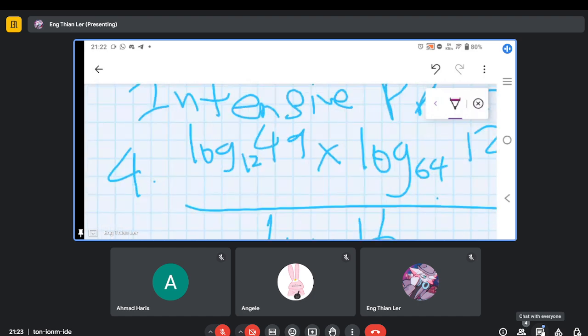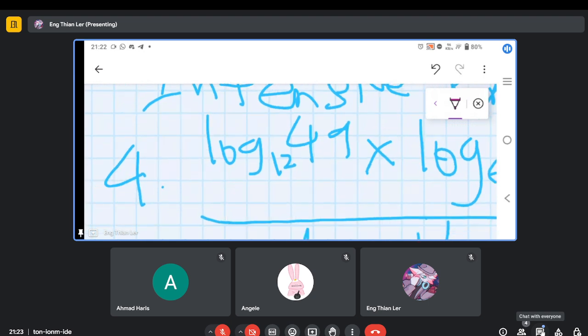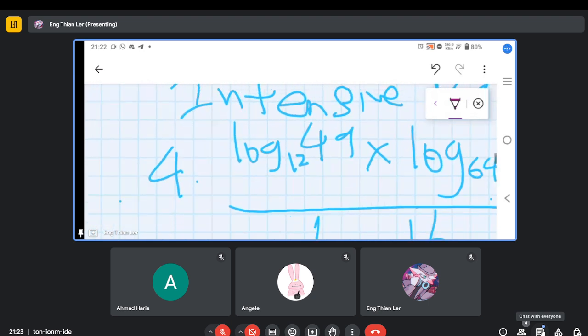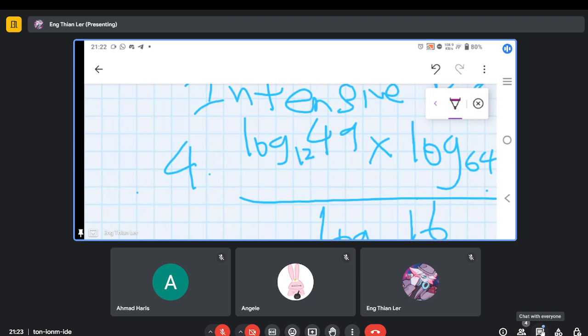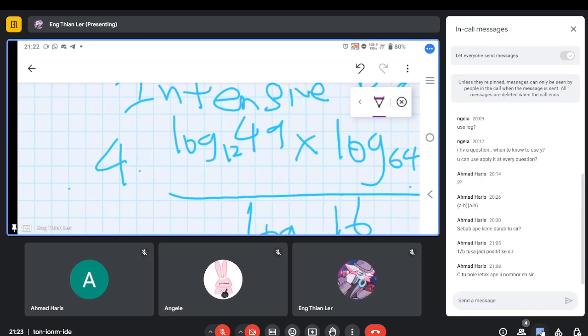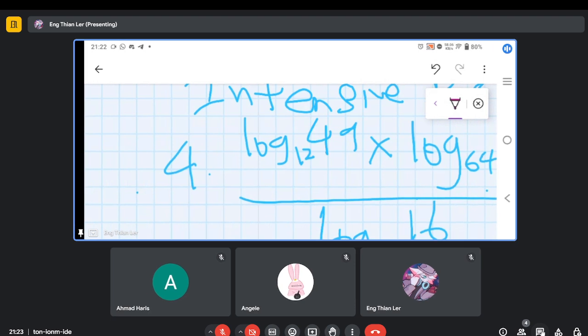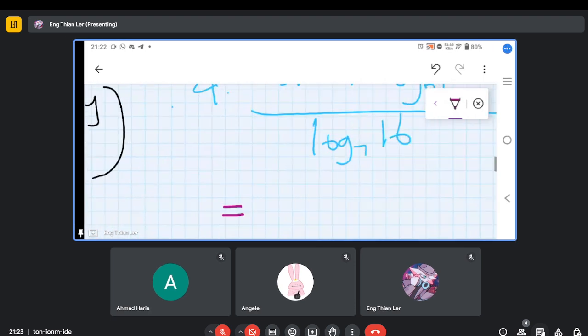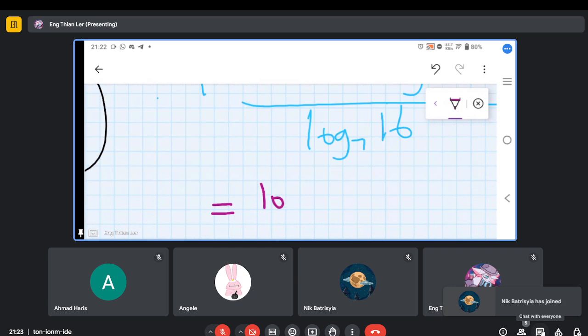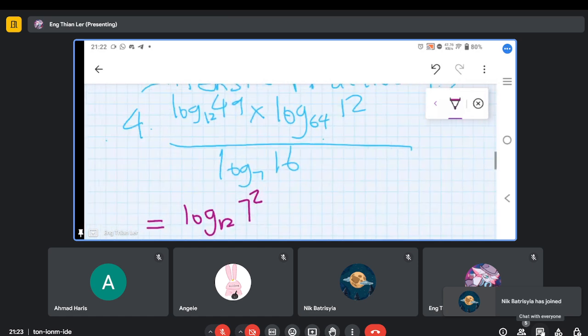Log base 12 of 49. How do we simplify this? 49 is 7 squared. So log base 12 of 7 squared, multiplied by what?